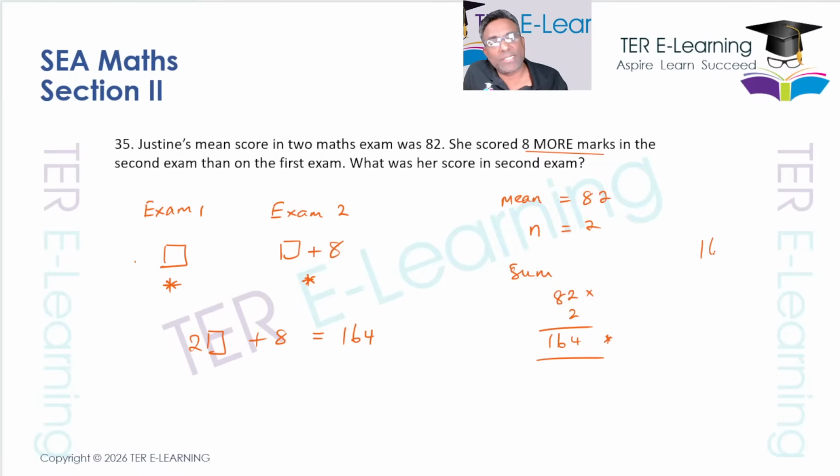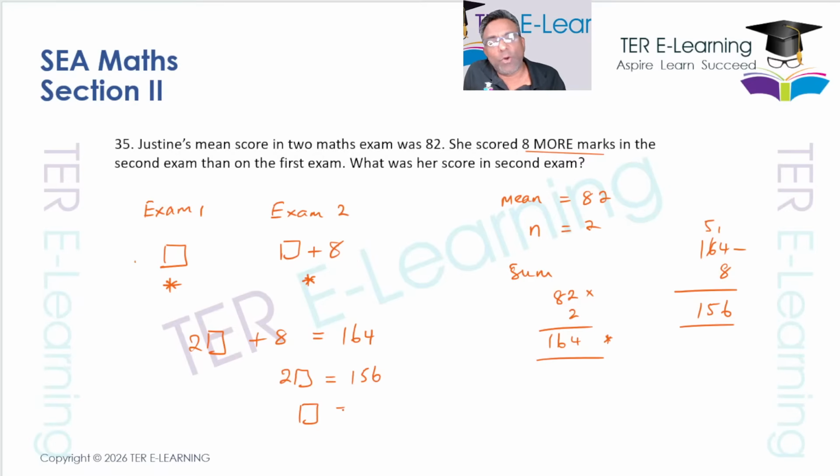So let's take the 164 and remove that 8. Let's borrow from this. This will be 5, this is 14. 14 minus 8 gives us 6, so this will give us 156. What does that 156 tell me? It means that the value of 2 boxes is 156.